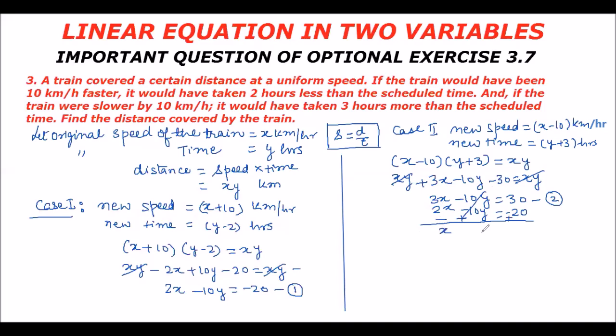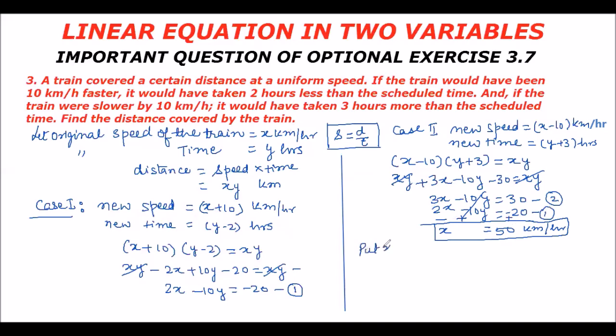You are left with x is equal to 50, and x was the speed you have assumed. So this is equal to 50 kilometer per hour. So the original speed of the train is 50 kilometer per hour. Put it in the first equation, and you will get y.